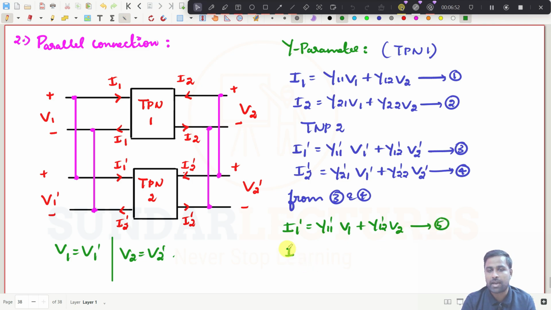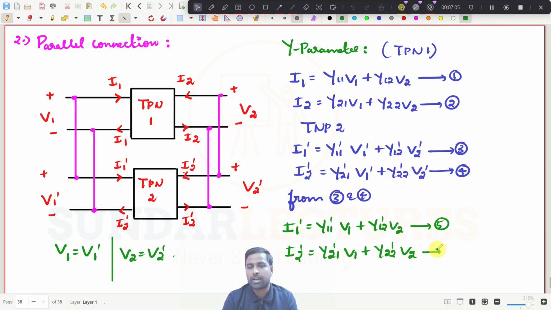And I2 dash will be equal to Y21 dash into V1 plus Y22 dash into V2. This will be equation number 6. I'm not going to write these equations again and again on the next page, so you just get them from here. You add 1 and 5, and then you add 2 and 6. What will you get?